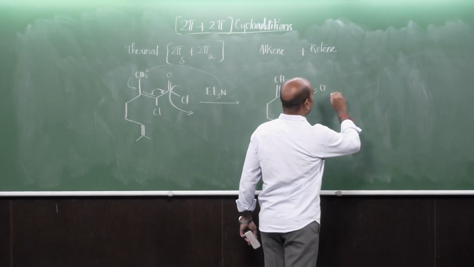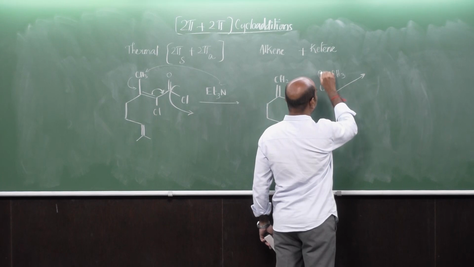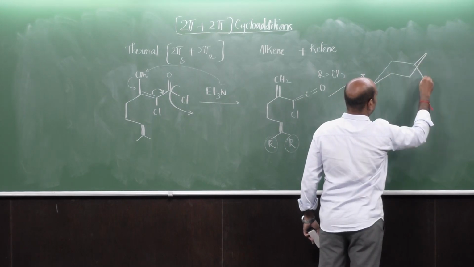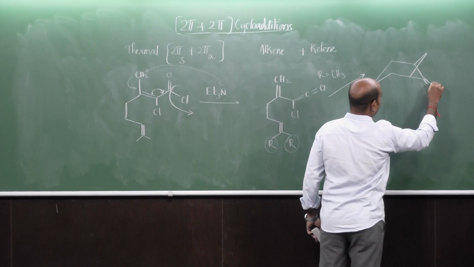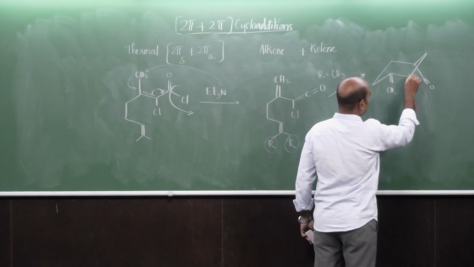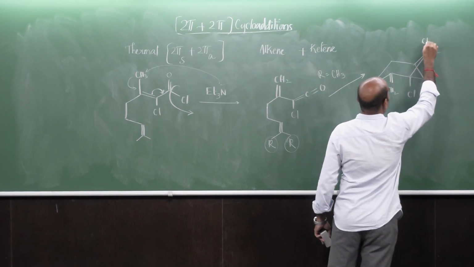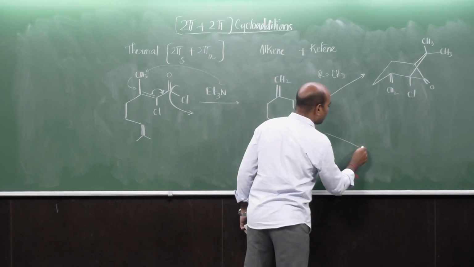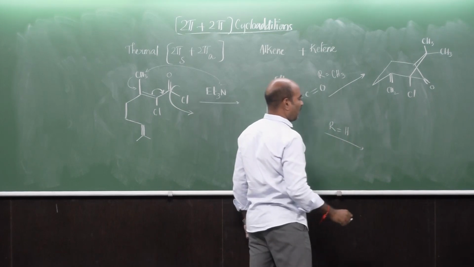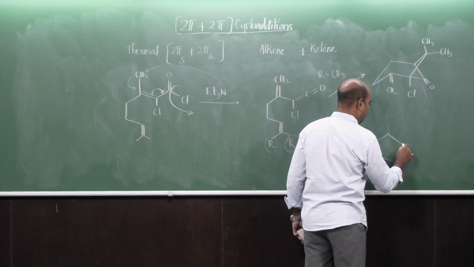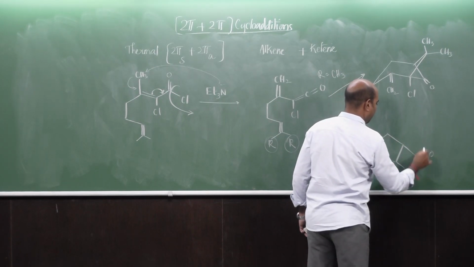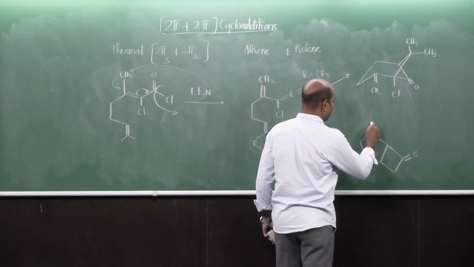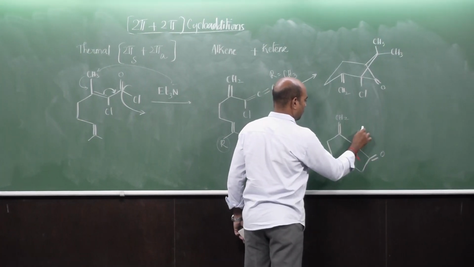If R groups are alkyl groups, if R is equal to methyl group, you will get a different product, CH3, CH3, you will get this product, and if R group is hydrogen, we will get this product.